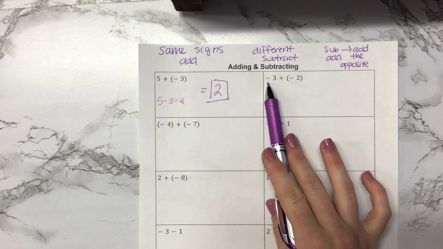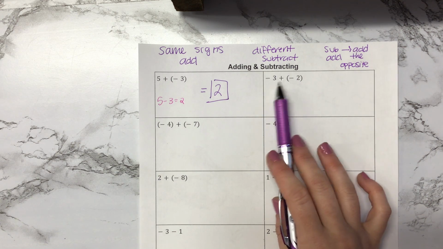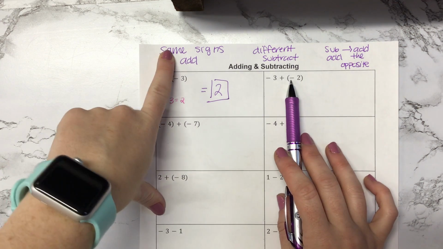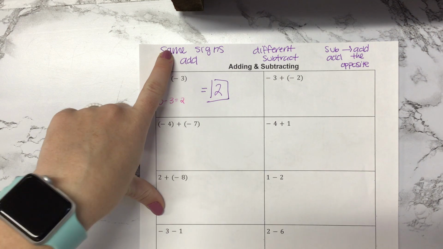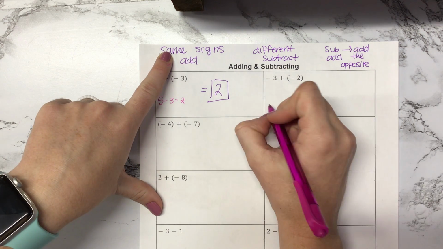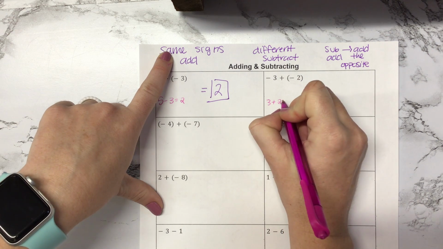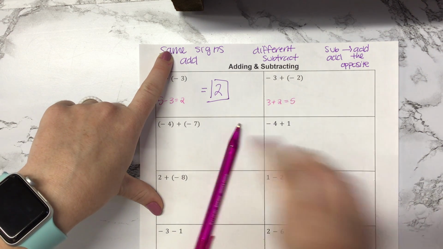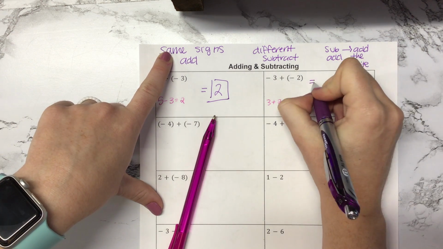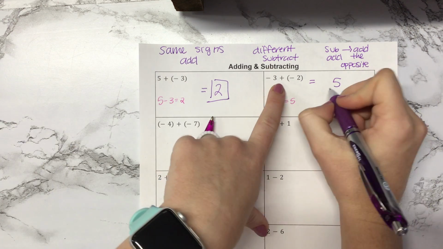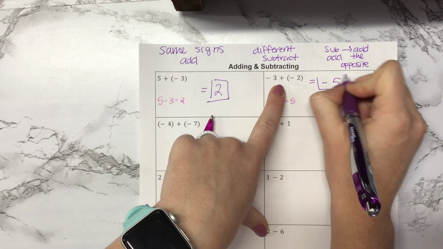Next one, negative 3 plus negative 2. They're both negative, so they have the same signs. So I'm going to add them. 3 plus 2 is 5. And they're both negative, so my answer is negative.